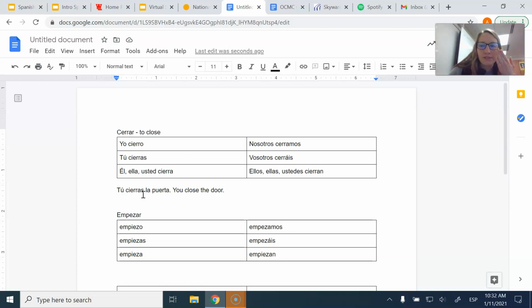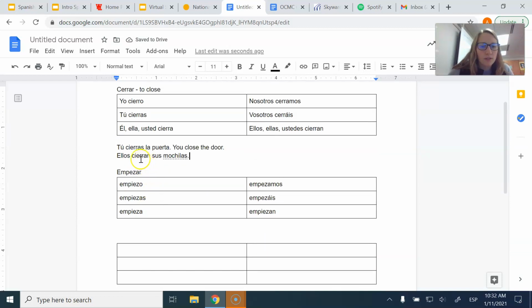What else can we close that we've learned to say? What about this one? Ellos cierran sus mochilas. They close their backpacks. Okay, so for this one, I could say, yo empiezo a hacer la tarea.